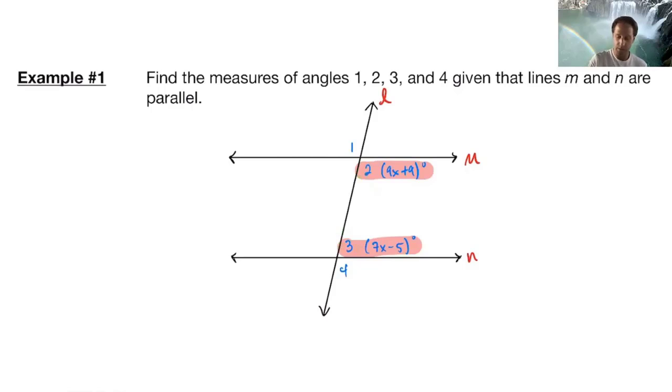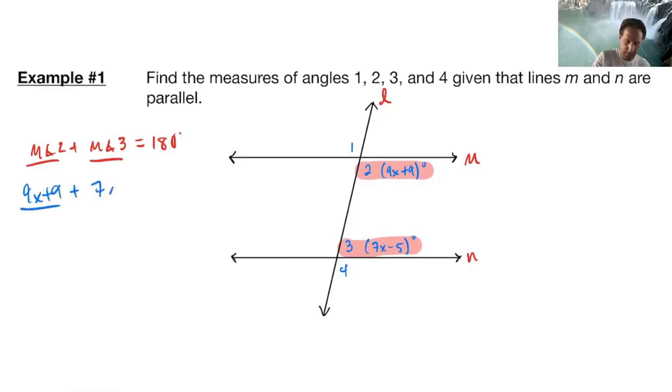So what did we know about the same side interior angles? That the measurement of angle 2 plus the measurement of angle 3 had to be equal to what? Hopefully you said 180. And because I know that this and this are 9x plus 9 for angle 2 and 7x minus 5 for angle 3, I can substitute those out there and then solve for x.